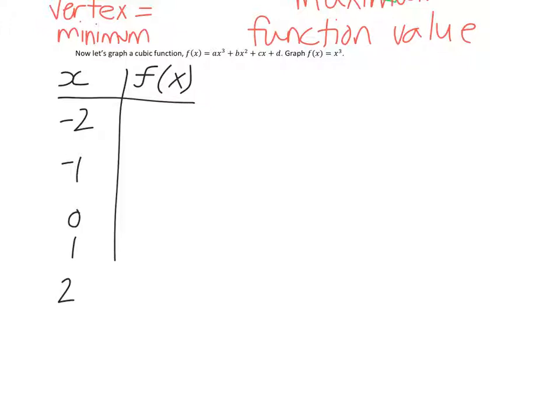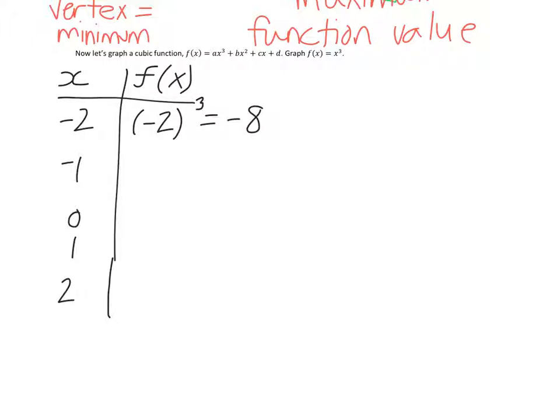All right, and then let's see what happens when we take -2 and we cube it. Well, -2 cubed, I'm going to write it out. When we have a negative base and an odd exponent, we end up with a negative number.